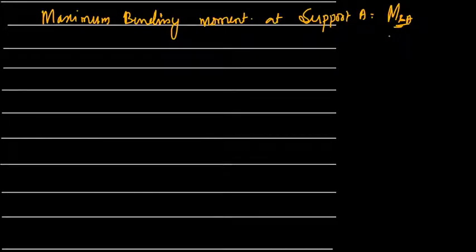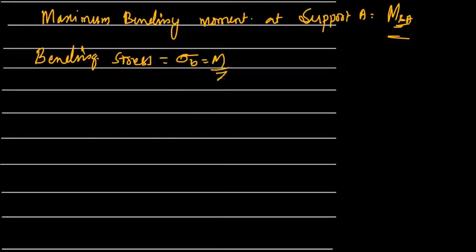Next, because of this bending moment, you are going to get a bending stress. So bending stress is sigma b equal to M by Z. Now you substitute MB, and Z is pi d cube by 32.